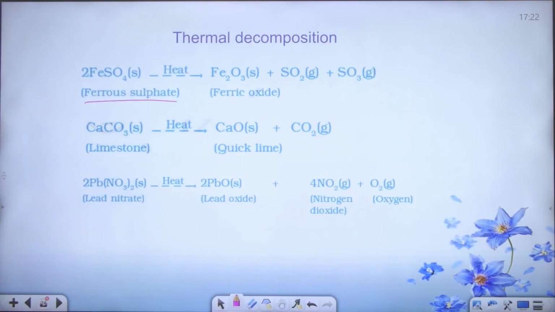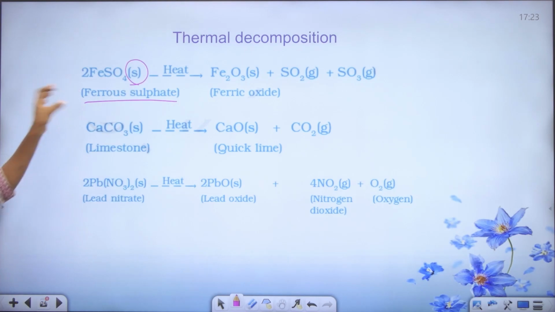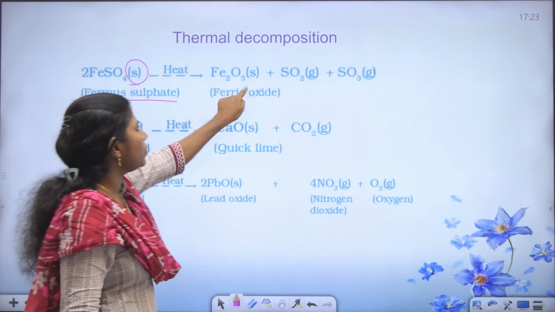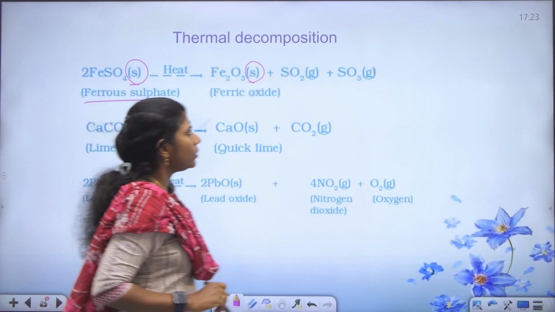FeSO4 is ferrous sulfate. Fe2O3 is ferric oxide. SO2 is sulfur dioxide. SO3 is sulfur trioxide. This S stands for FeSO4, ferrous sulfate, in solid state, and Fe2O3 S, that means ferric oxide in solid state.